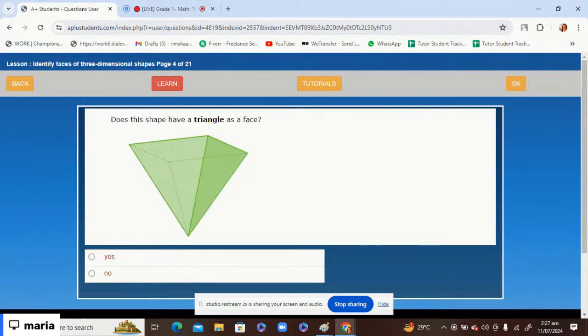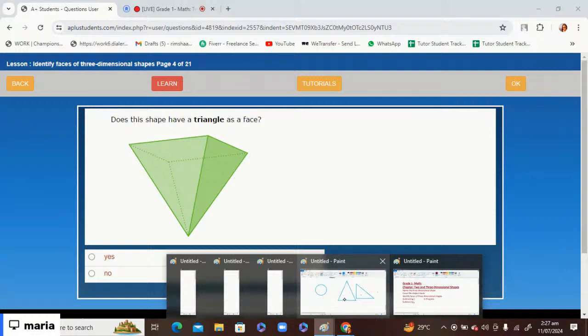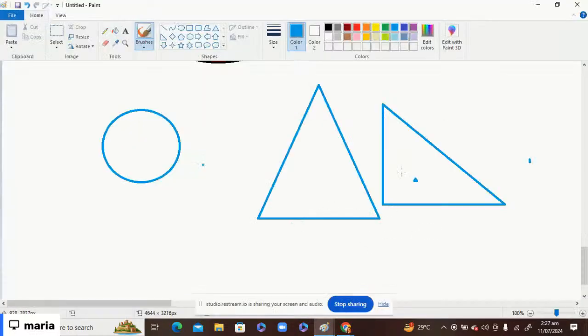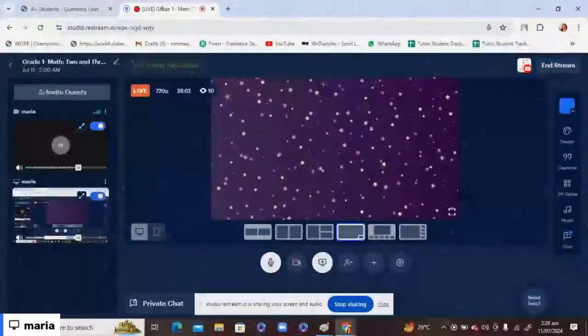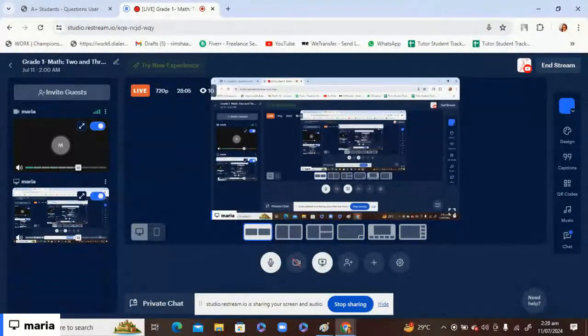Does this shape have a triangle as a face? So check it out. Is there any triangle in the face? I already told you what the shape of the triangle is. So when you forget, look at here. These two are the shapes of the triangles. Is there any triangle in? Oh wait, let me share the screen. Yeah, now I think so.